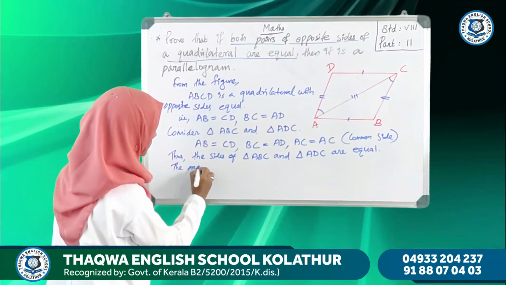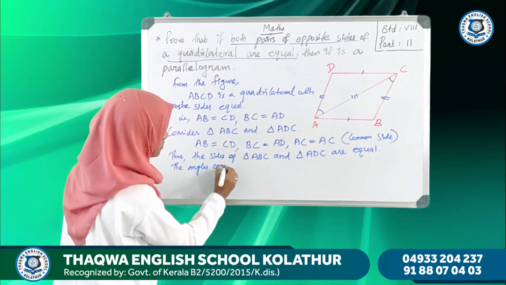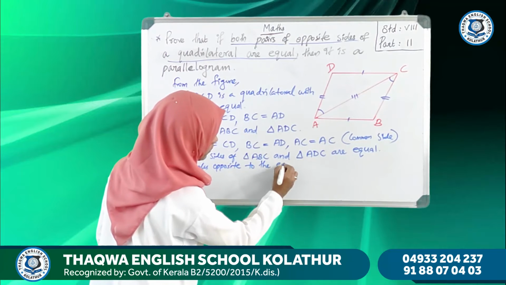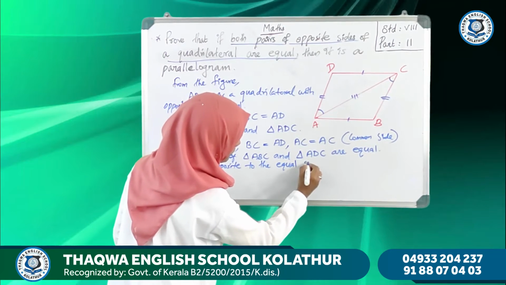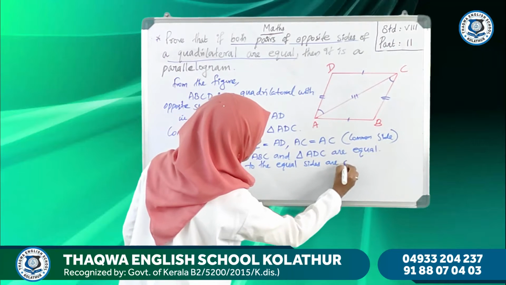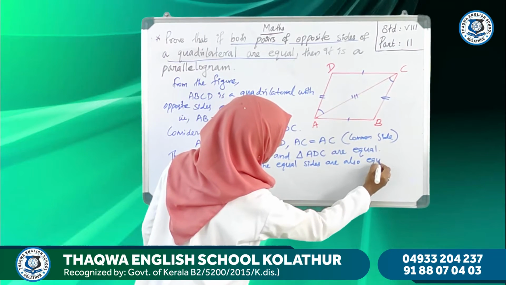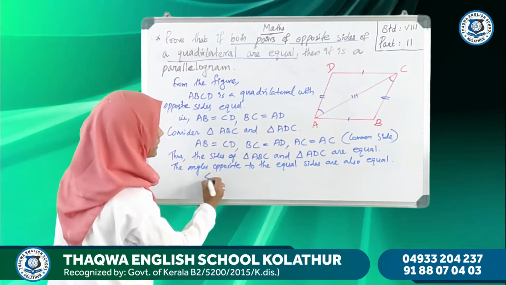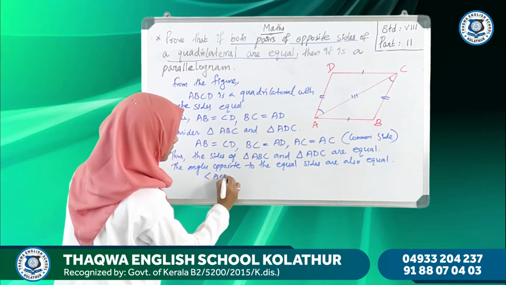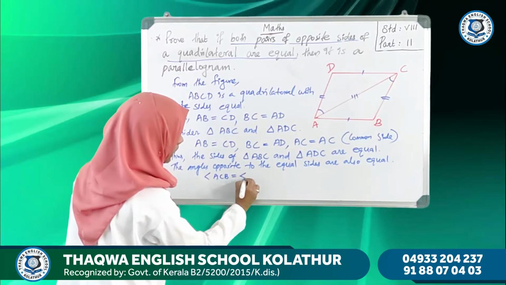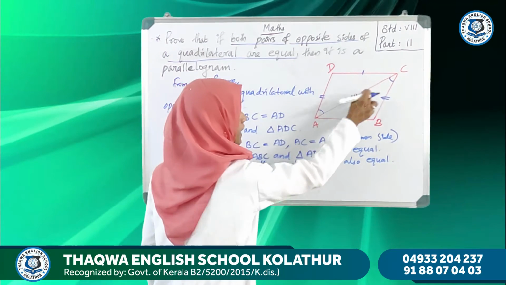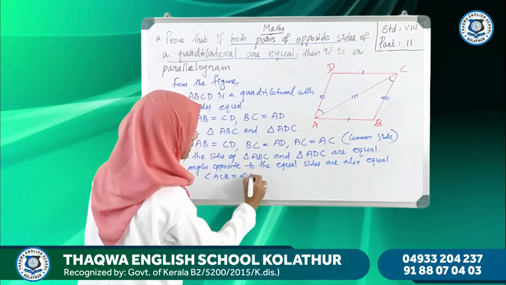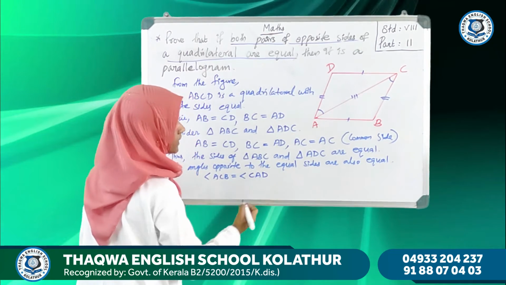The angles opposite to the equal sides are also equal. So we can write angle ACB equals angle CAD.